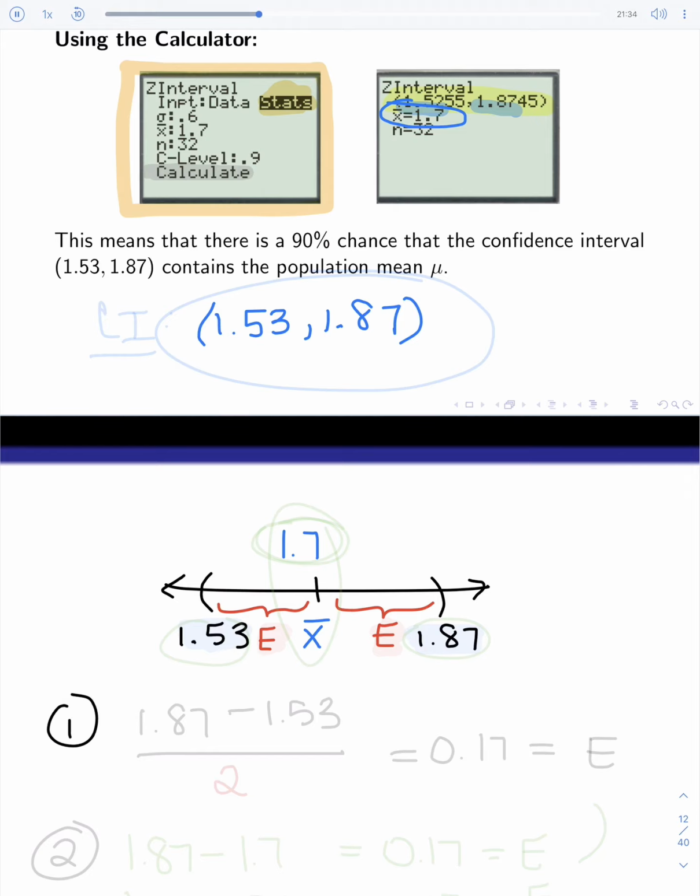One, if you were trying to find the error, you can take the two ends of your confidence interval, the 1.53 and the 1.87, and subtract those two.